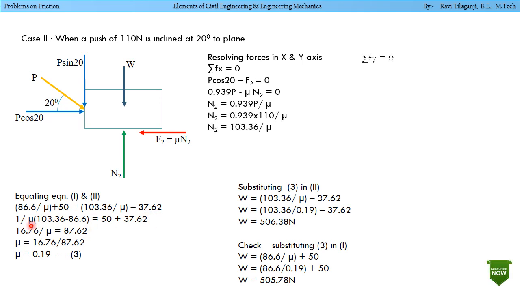Now taking all the common terms on one side and the rest on the opposite side, we are able to get mu equals 16.76 divided by 87.62, and the mu value is 0.19. This is the mu value. Substituting this mu into equation 2, we are able to get the weight of 506.38 newtons. For a check, the same value of mu we can substitute in equation number 1. We are getting the weight W as 505.78. Using this mu value, we are also able to find the values of N2, F2, N1 and F1.